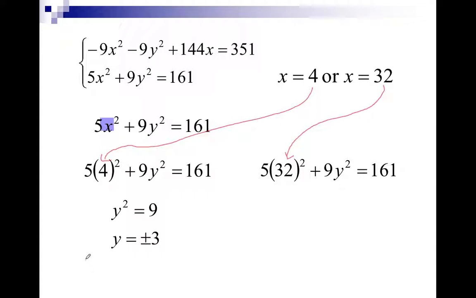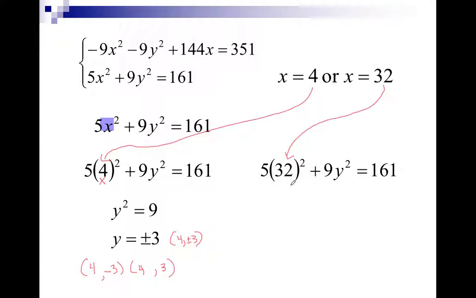So here I'm looking for an x when y is negative 3, sorry, and I'm looking for an x when y is 3. Oh, no, I'm not. Silly. X was 4. I made x 4, right? X was 4. So you could write this as 4 and plus or minus 3. That's legit.